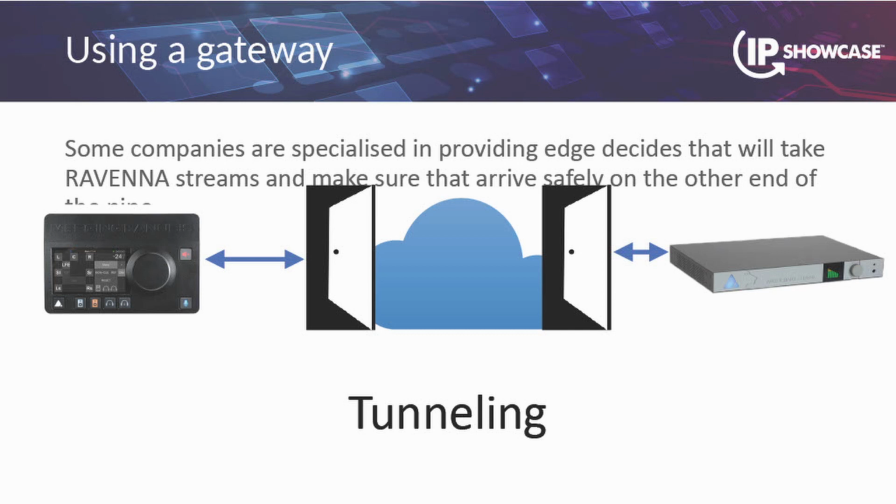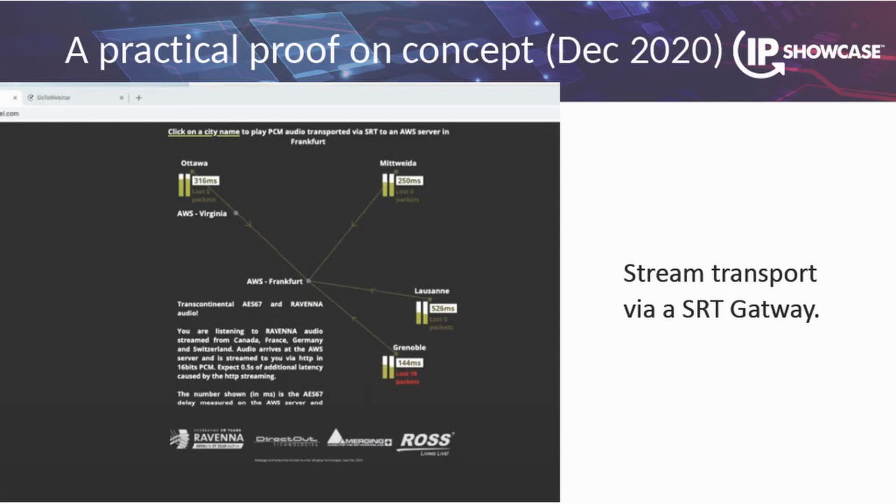And you can build your own gateways with open software, etc. And this is what we did. So the experiment from before was done using an SRT gateway that was built from scratch with the SRT software, of course, and exposed on the web page that was running live during this presentation that was already almost 2 years ago.